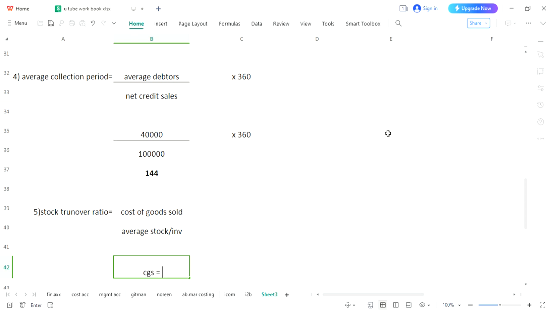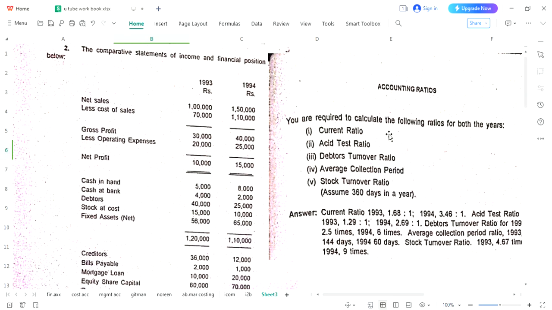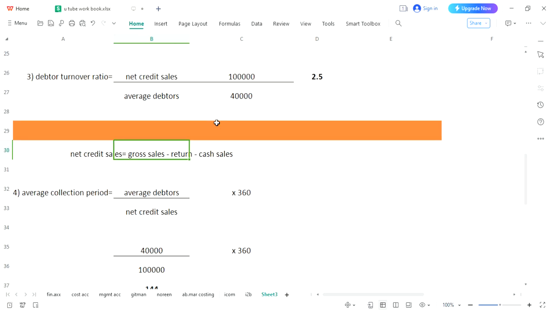For that we need net credit sales, and you will subtract your gross profit, with which you will be able to calculate your CGS. But in the question, look here, cost of sales, meaning cost of goods sold, is already available, 70,000.